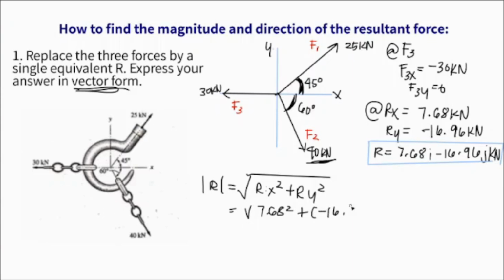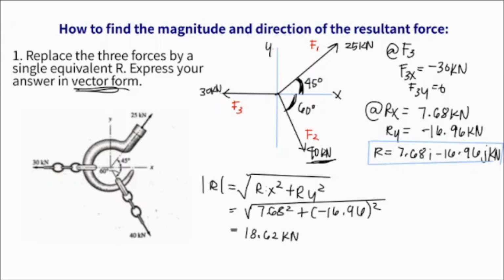Let's solve it on the calculator. It will be 7.68 squared plus the quantity negative 16.96 squared. So our magnitude will be 18.62 kilonewtons.